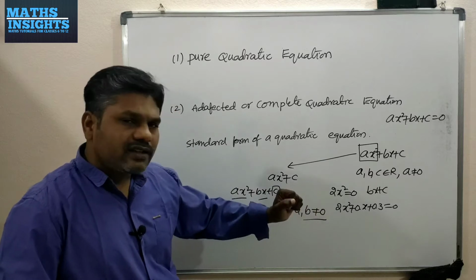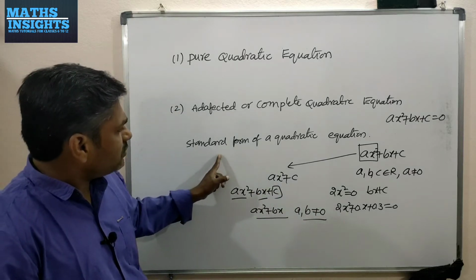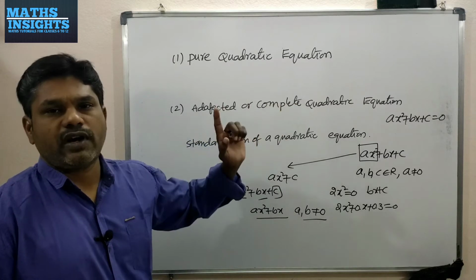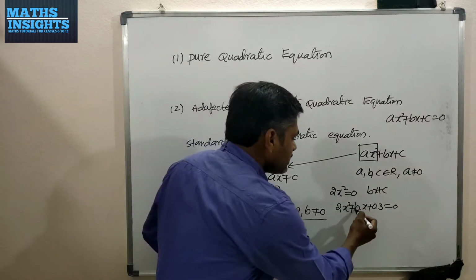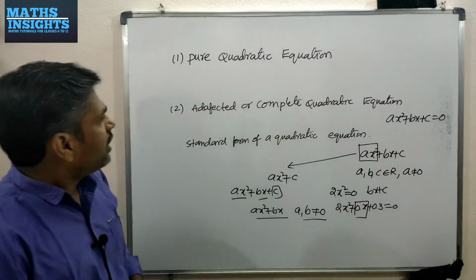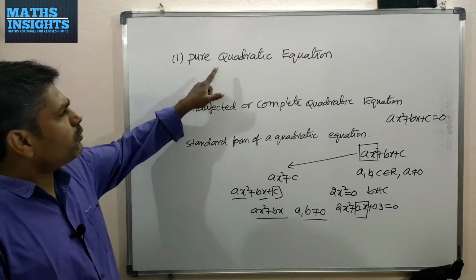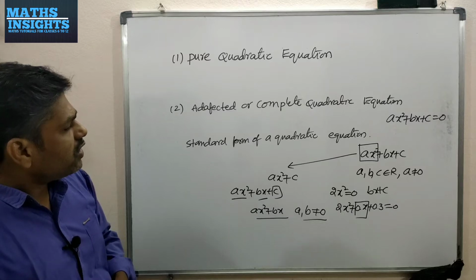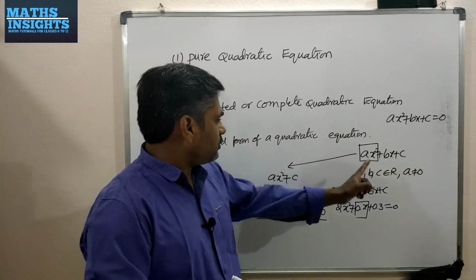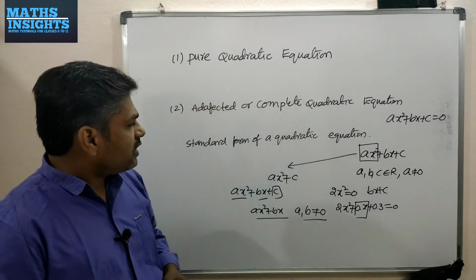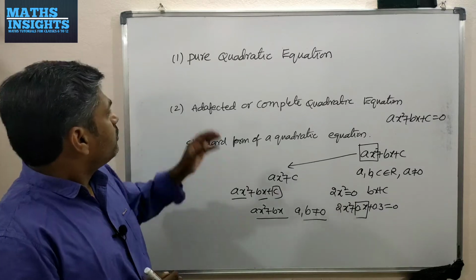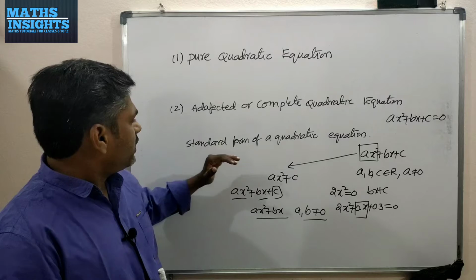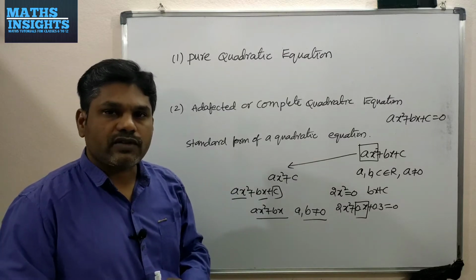So you can write it in this form, and it is a quadratic equation, but it is not a complete quadratic equation. Why? Because b is 0, and that makes it a purely quadratic equation. Why? Because in that you are missing the second term. That's why it is called a purely quadratic equation also. So both of these are standard forms of quadratic equations.